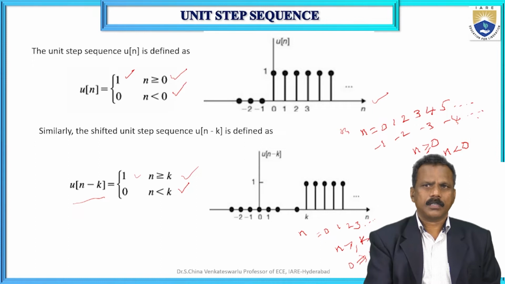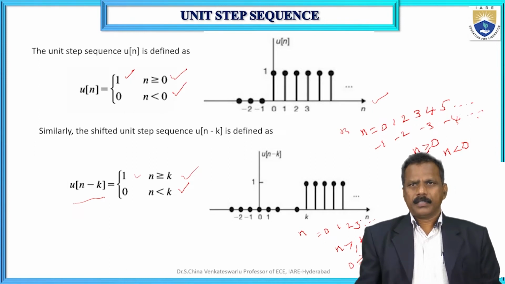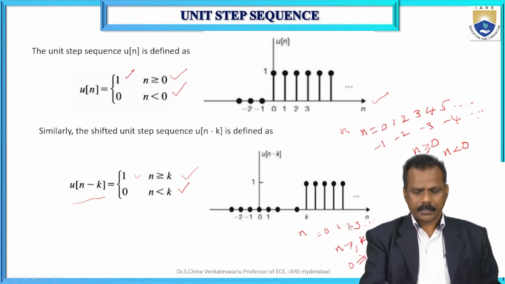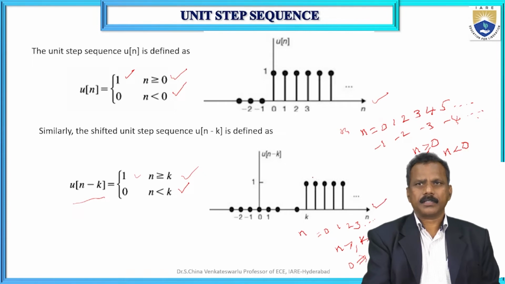Graphically, you can verify this as n versus u[n minus k].